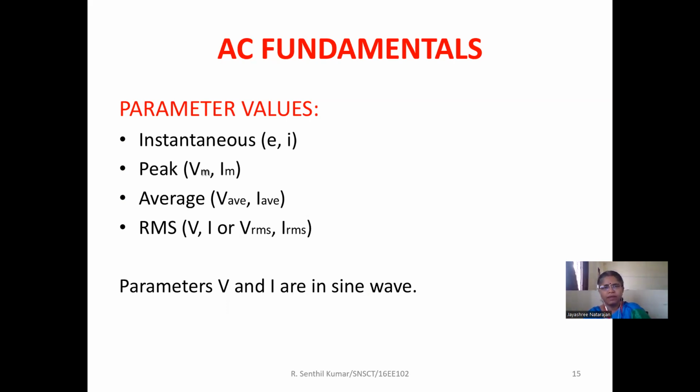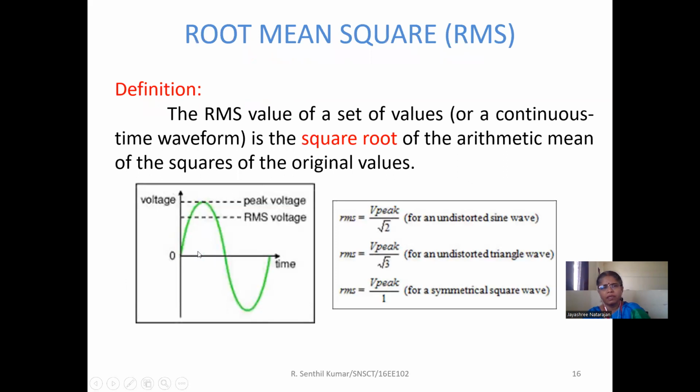If we divide a waveform into n number of intervals, we have to square each value and add them, take the average of that sum of squares, and then take the square root. The RMS value of a set of values is the square root of the arithmetic mean of the squares of the original values. This is the RMS value of an AC waveform.